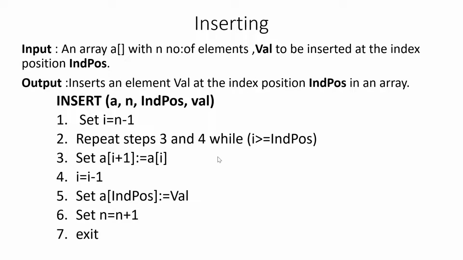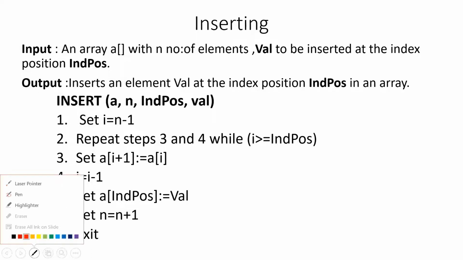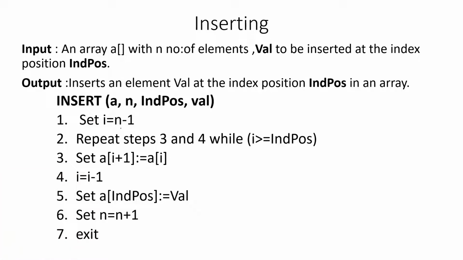You will not understand this when I am telling it like this, I'll show the animation. After doing this step, we decrement the value of I. Suppose there are 6 numbers in the array, the I value will be 6 minus 1, that means 5, right? So if we are planning to insert the new number at index position 3, we will check whether 5 is greater than or equal to 3.